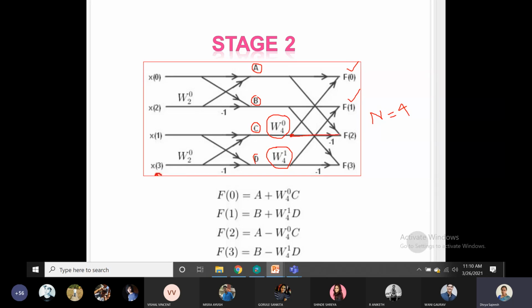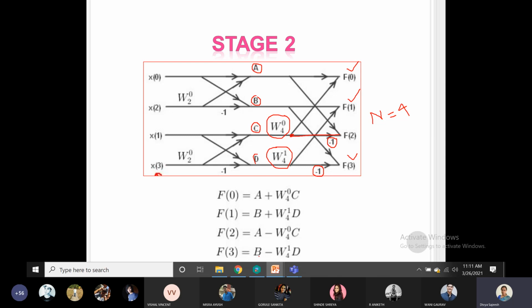So this path will contain a minus 1. You can see the minus 1 is there in that path. So you have to multiply C w4 raised to 0 with that minus 1. So it will be a minus c w4 raised to 0. Similarly for f of 3 also, b will be coming here directly, but when you trace this path, d into w4 raised to 1 will again be multiplied with minus 1.